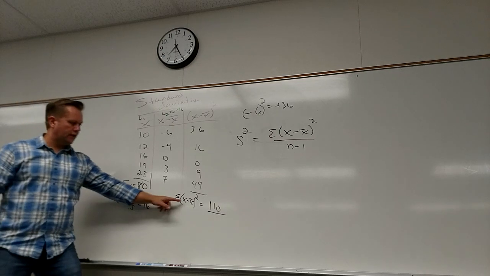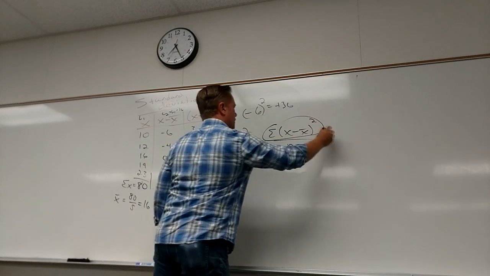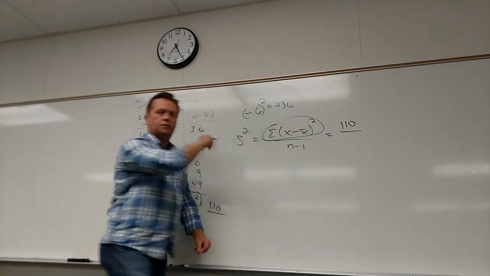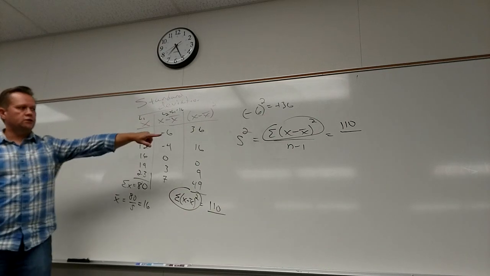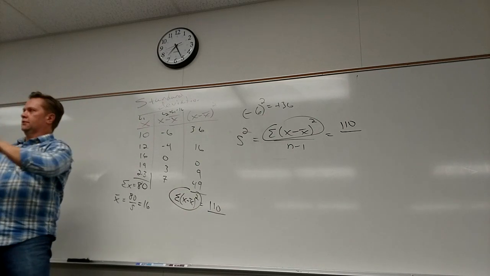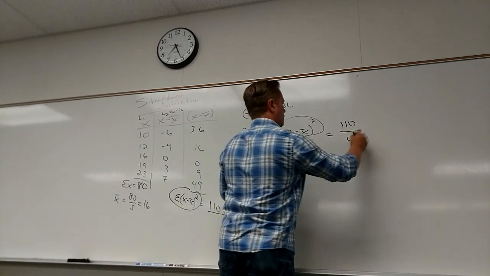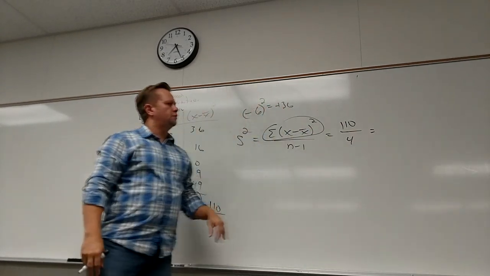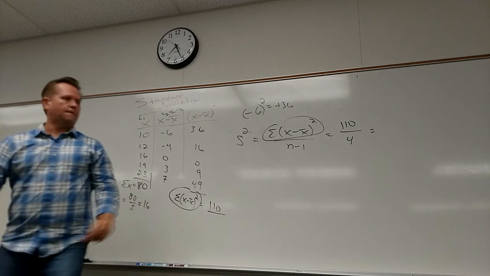Because what did these add up to be? They added up to be 110. And what goes on the bottom? 4. You've got 5 data points, minus 1 is 4. What's that? 27.5? Yeah.